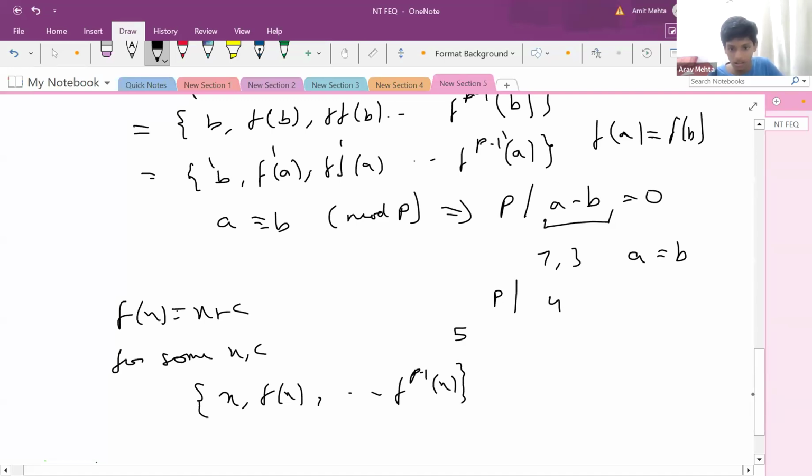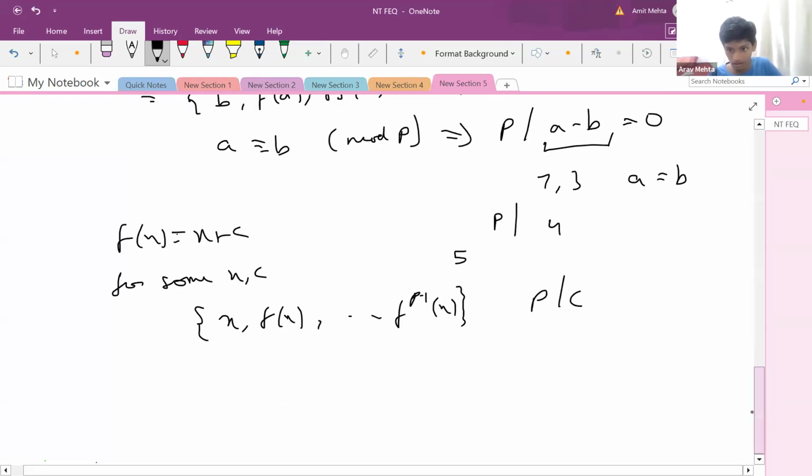And if we choose a p such that p divides c, we know that f of x, which is x plus c, leaves the same remainder as x leaves mod p.